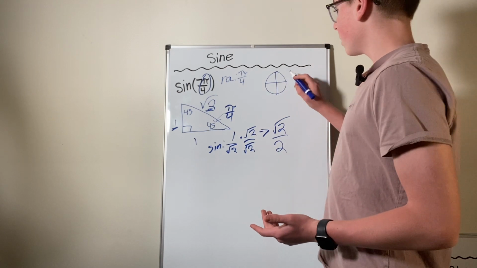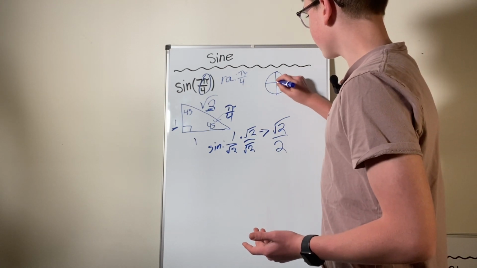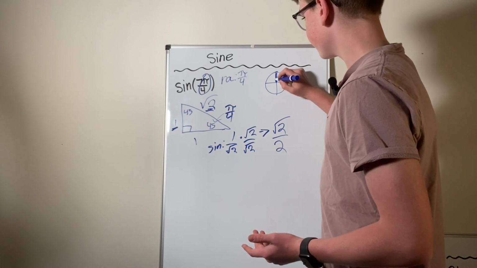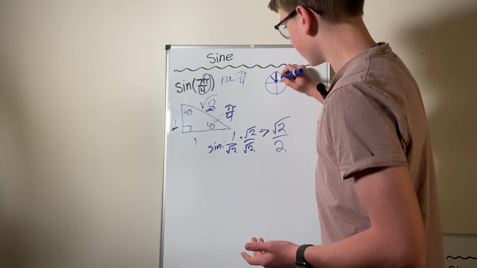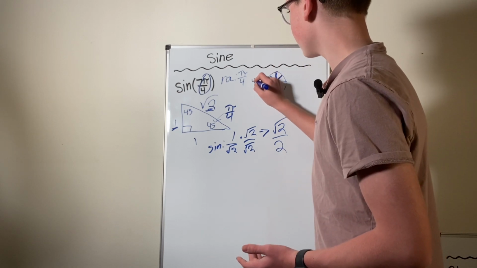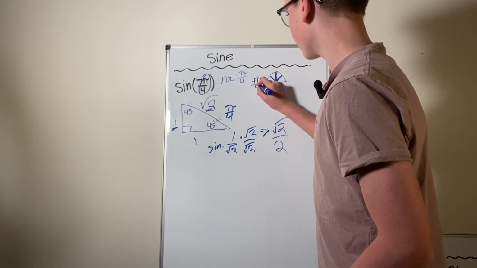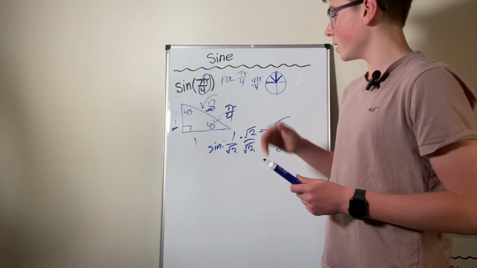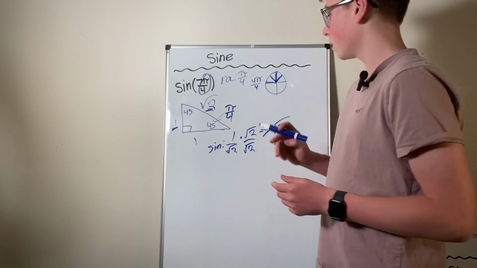So this is pi over 4. This is pi over 2. This is just pi. So pi is the same thing as 4 pi over 4, but we are looking for 3 pi over 4 more than that.